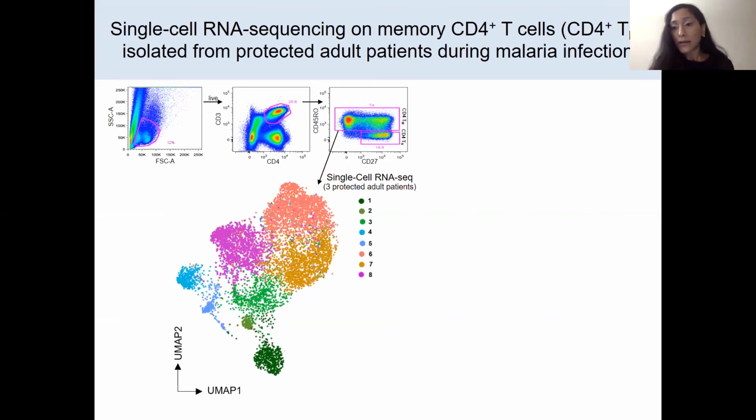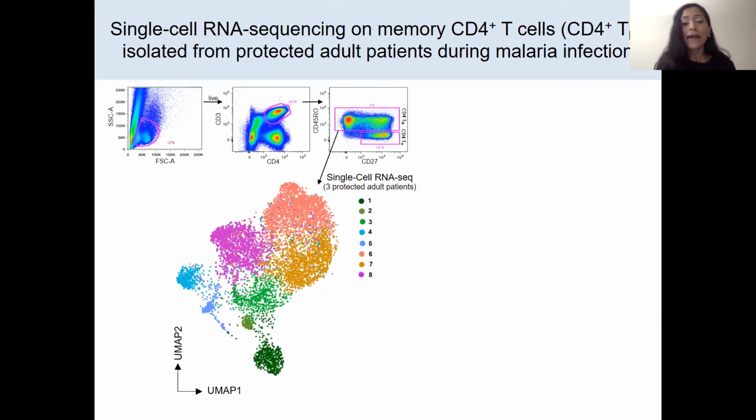So on the next slide, in order to further study these memory CD4 populations that are present in these adult protected patients at the time of infection, we conducted a transcriptional analysis through single cell RNA sequencing. And this method allowed us to basically obtain the transcriptional profile of every single memory CD4 T cell in 3 adult patients that we analyzed. So what I'm showing you here is a pooled analysis of the transcriptional profile of the memory CD4 T cells taken from these adult protected patients.